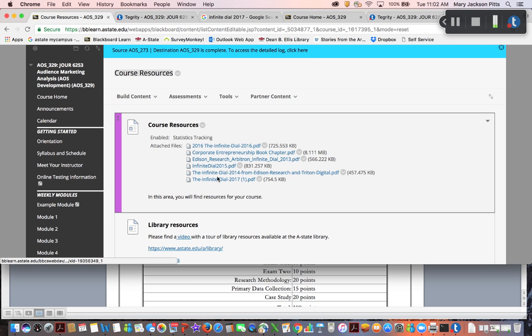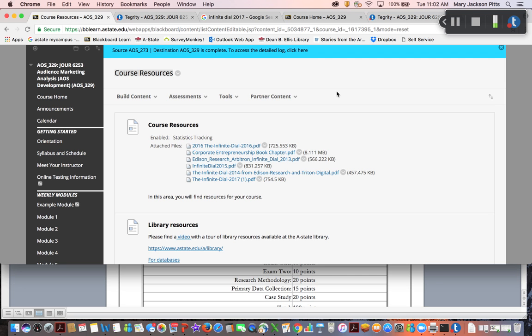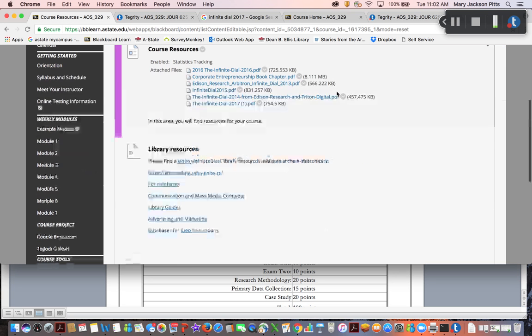And those reports include everything from 2013 through 2017. You will be using those for the purpose of helping you better understand what audiences are doing already.